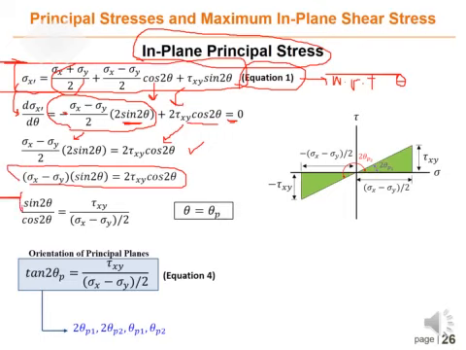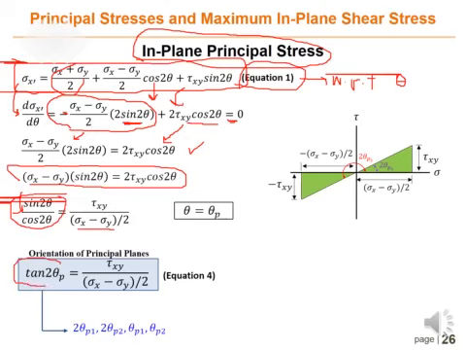Rearranging the equation, you get this form and also this form. Now you have sine 2 theta over cosine 2 theta equals tau xy divided by (sigma x minus sigma y) divided by 2. We know that sine over cosine is tangent.